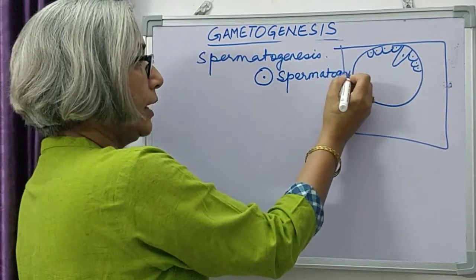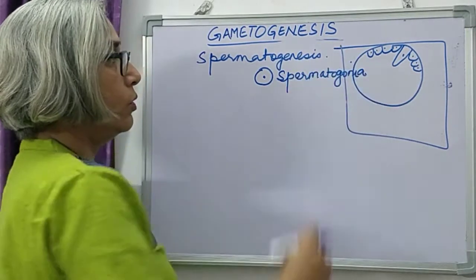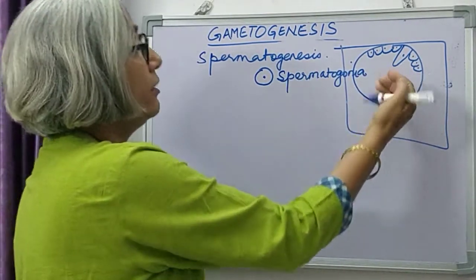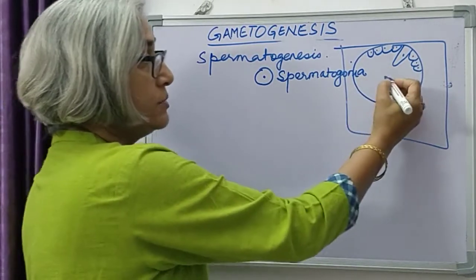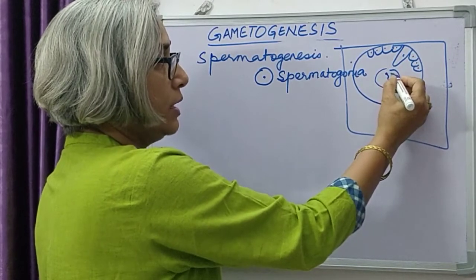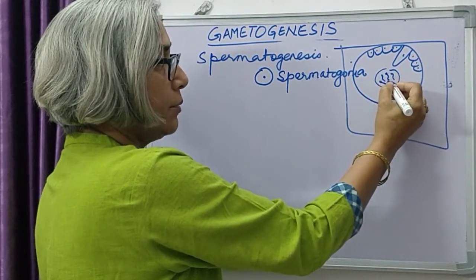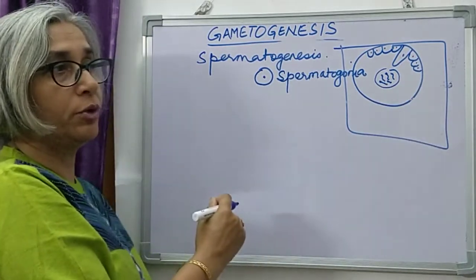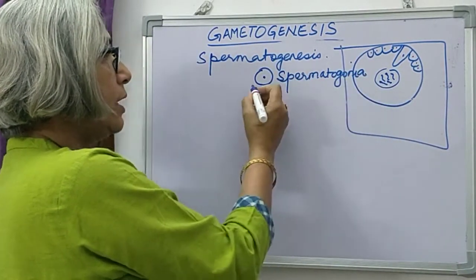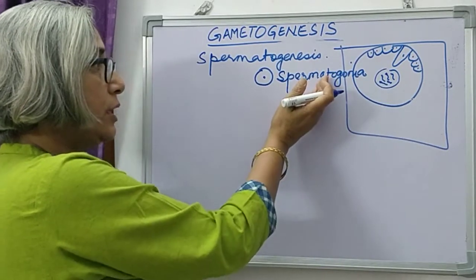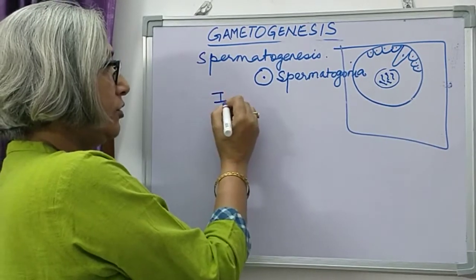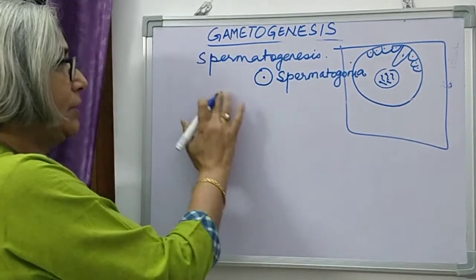spermatogonia. They undergo 3 stages to finally form the sperms. Suppose this is the lumen of the seminiferous tubule. You remember I told you sperms are produced and they collect in the lumen of the seminiferous tubule. Spermatogonia are formed. This spermatogonia finally leads to the formation of the sperms, and there are 3 stages that take place.